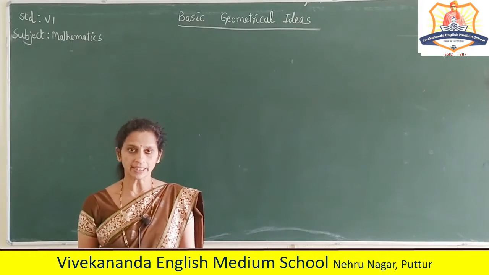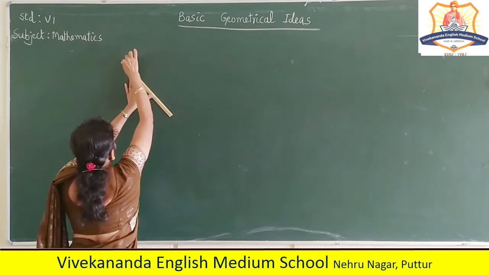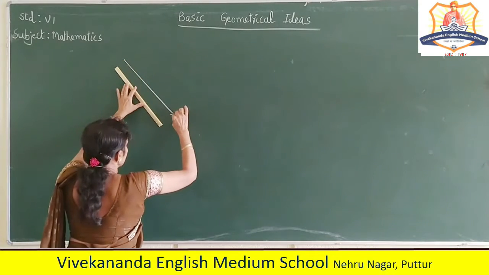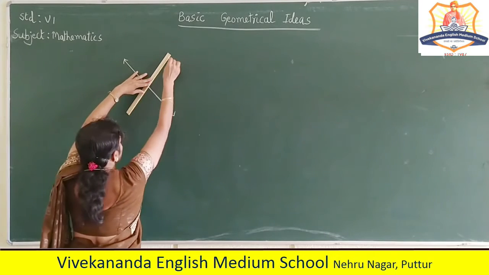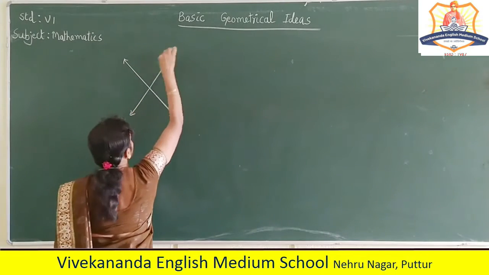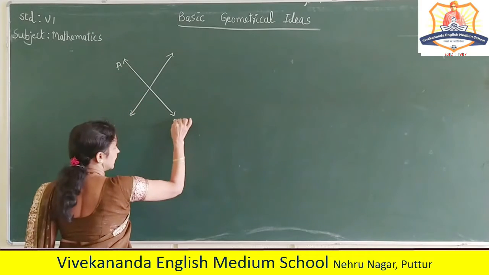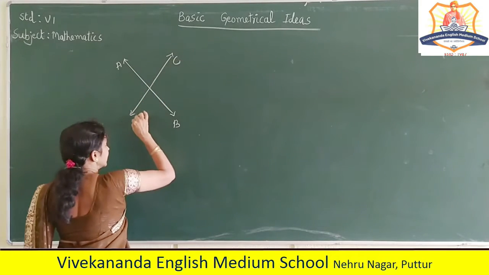Now we see another figure. In our first class we learnt about two lines intersecting. This is one line, and here is another line. When the two lines intersect at one point, AB is one line and CD is the other line.